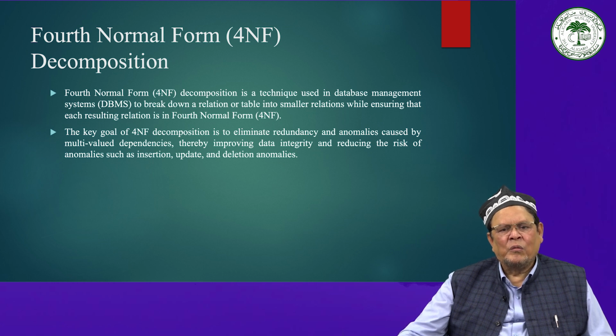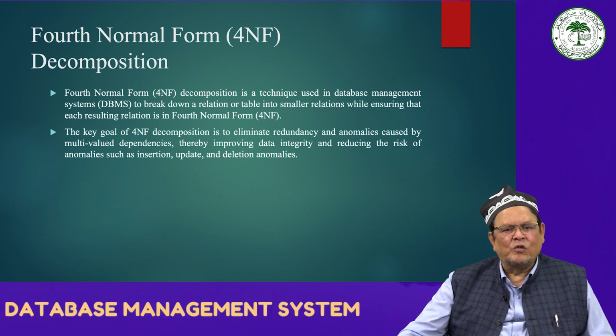Fourth normal form helps eliminate certain types of anomalies related to multi-valued dependencies. To understand 4NF decomposition, let's first define the fourth normal form. A relation is in fourth normal form if it satisfies the following conditions.